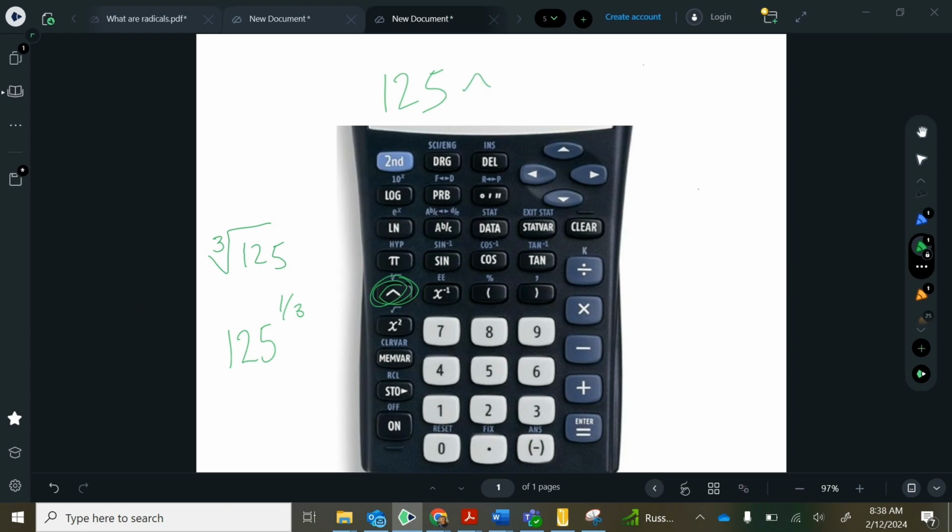And then what you have to do here is you have to put your exponent in parentheses. So using this calculator, if you have like a fraction in the exponent like we do, you have to put it in parentheses. You do parentheses 1 divided by 3, close parentheses, then hit enter, and you'll get the same answer of 5. So that's how you evaluate it with Desmos and then with our handheld calculator.